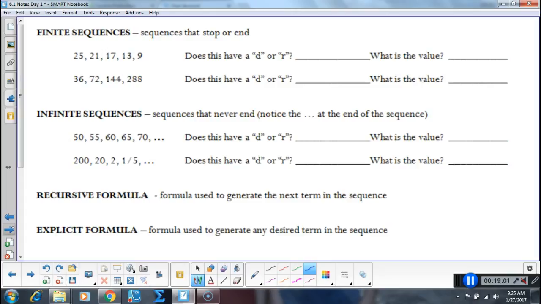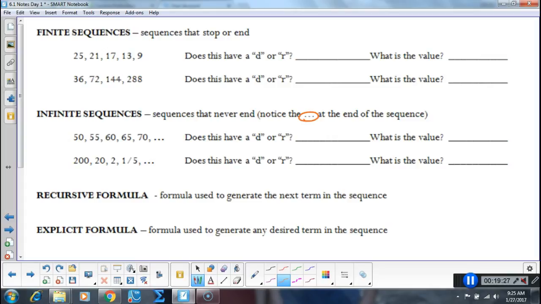So a finite sequence ends. It stops. It doesn't go on forever. An infinite sequence goes on forever. And there's one thing you've got to notice, the dot, dot, dot. That's what's going to tell you whether or not it goes on forever.